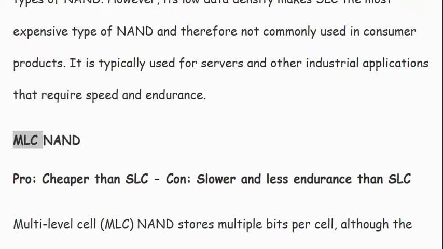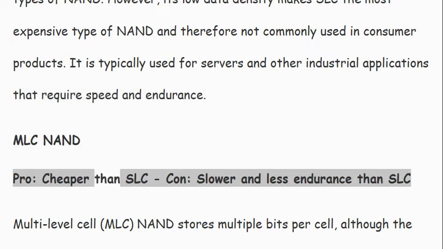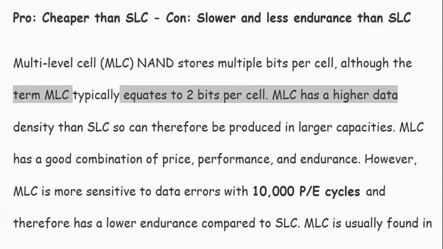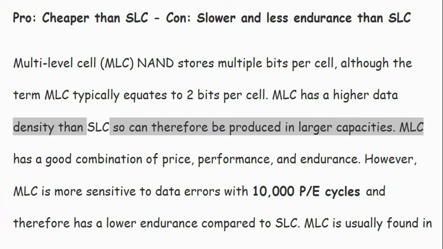MLC NAND. Pro, cheaper than SLC. Con, slower and less endurance than SLC. Multi-level cell, MLC, NAND stores multiple bits per cell, although the term MLC typically equates to 2 bits per cell. MLC has a higher data density than SLC, so can therefore be produced in larger capacities.